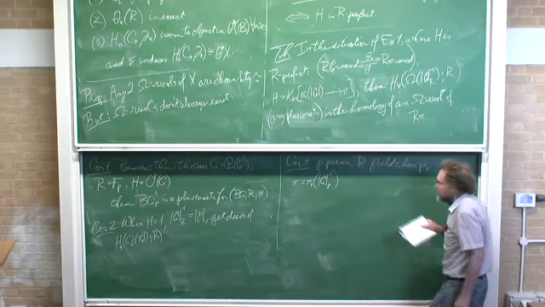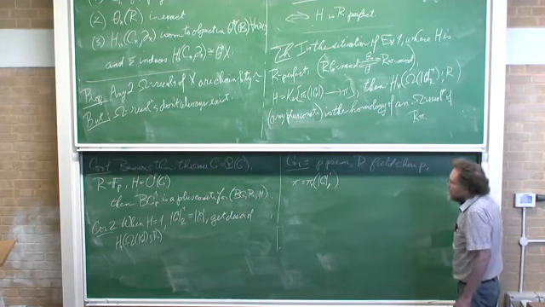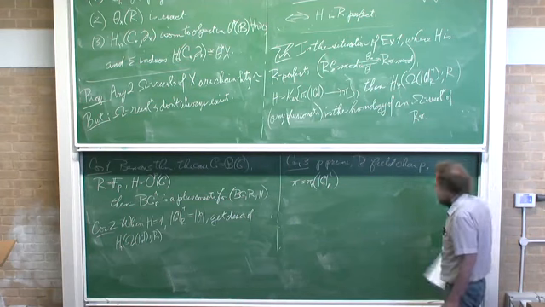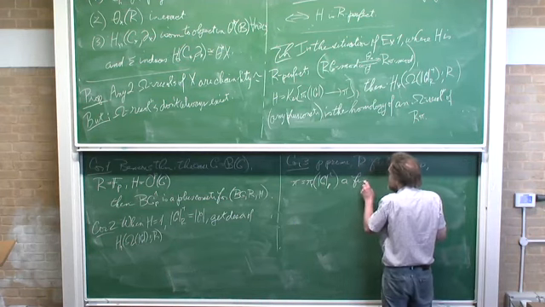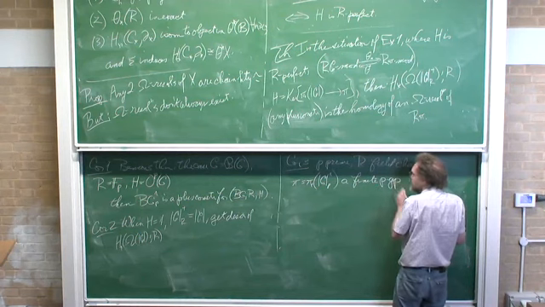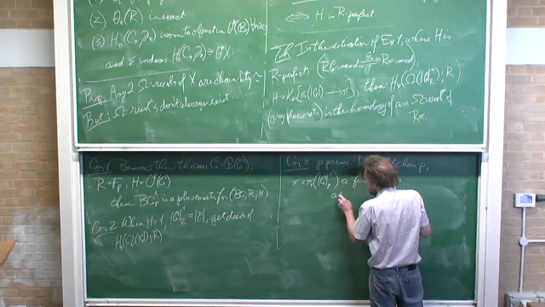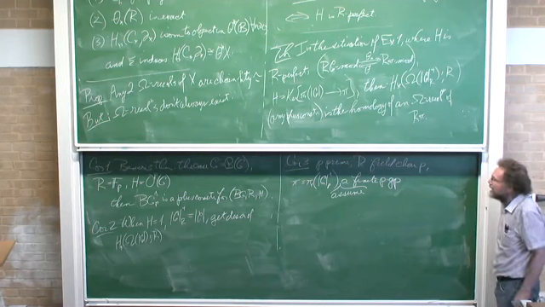So take the P completion of the nerve of the category and assume it's a finite P group. That's an additional assumption.